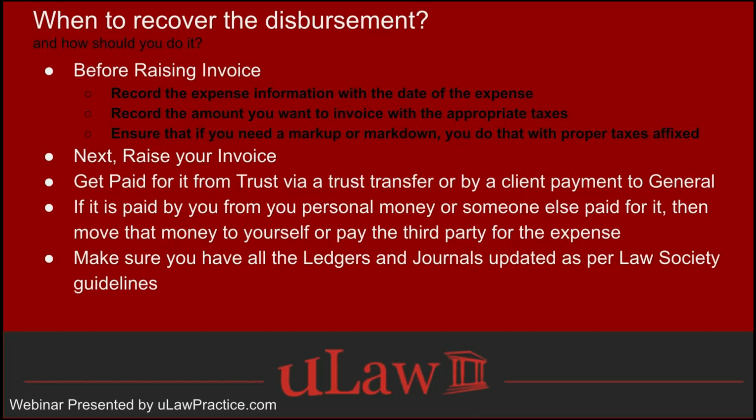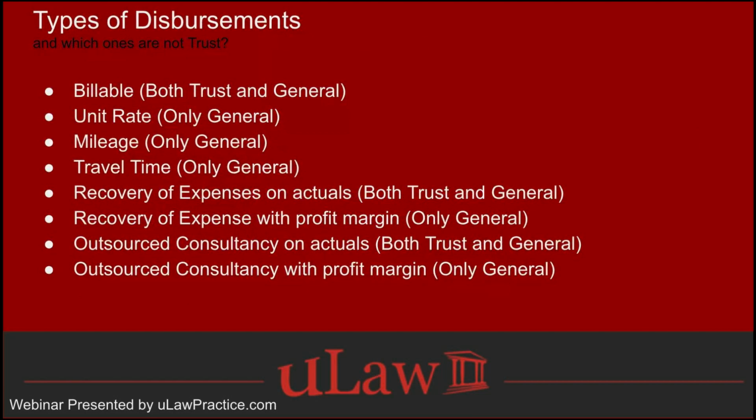Now, if it is paid by you from your personal money, you need to make sure that you pay yourself after you transfer the money to the general account, right? So make sure you have all the ledgers and journals updated as per the Law Society, the guidelines are being followed, and all of these are recorded at the respective dates.